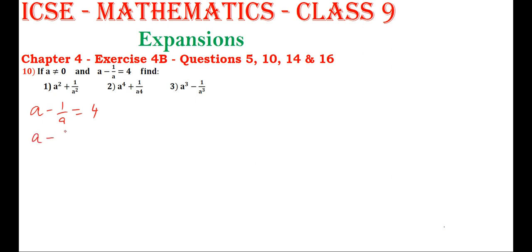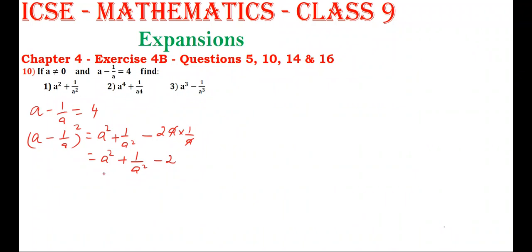So a minus 1 by a the whole square equals, a minus b whole square, a square plus b square, so in the place of b we have 1 by a, so 1 by a square, minus 2ab. So 2a into 1 by a, this will be cancelled. So a square plus 1 by a square minus 2. So now first we need to find a square plus 1 by a square.